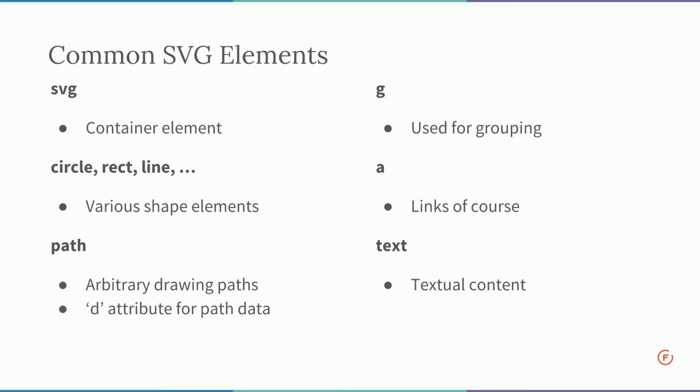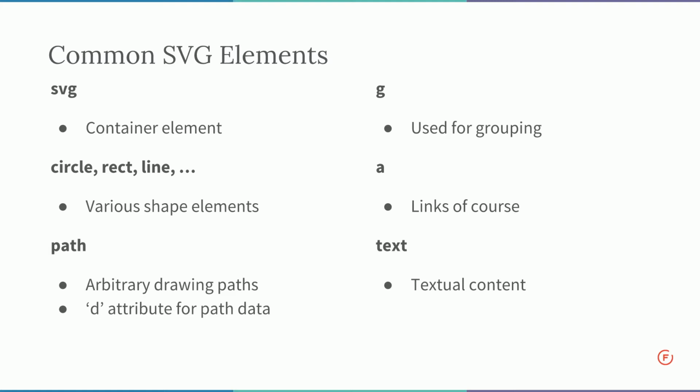Some of the common SVG elements: you have the SVG element itself, which is essentially the container. Think of it like the div of SVG. You can add things into it, like circles, rectangles, and lines. You have paths, which we'll definitely get into, where you can define arbitrary shapes.